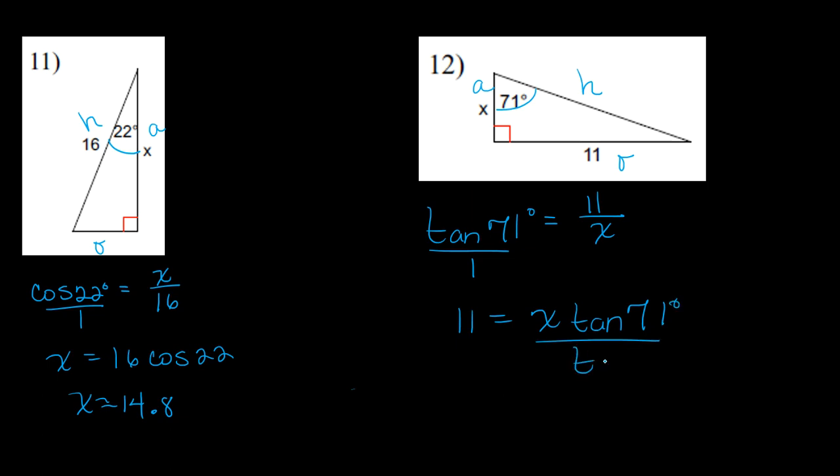Divide each side. And we have 11 again over tangent 71. And I get 3.787, so about 3.8.